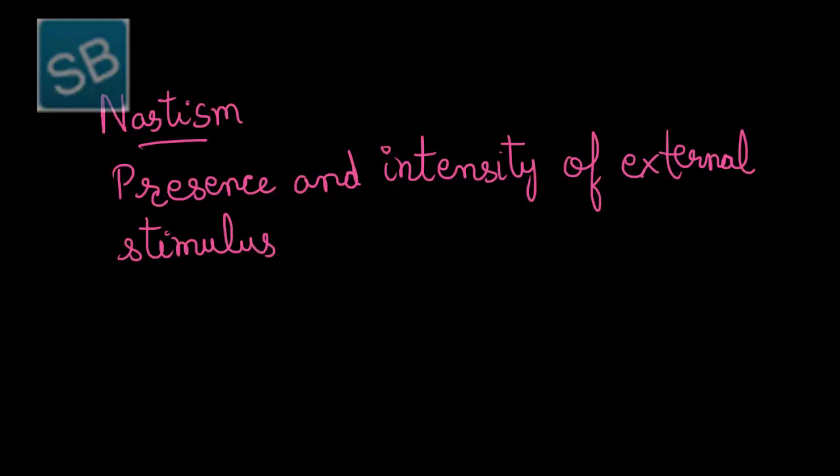That is, whether the stimulus or any other factor is present, and if present, its intensity, decides the various types of nastic movement. However, it is not necessary that it should affect any definite direction, unlike tropism. Based on this external stimulus, these movements are classified into various types.